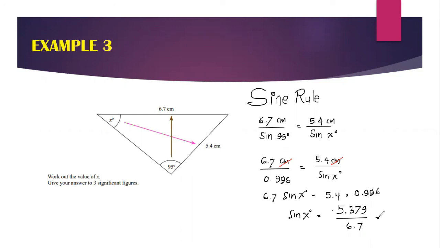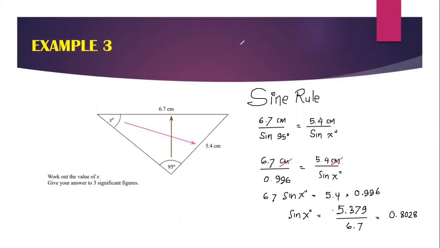Now you have to divide 5.379 divided by 6.7. We got 0.8028, right? But the question is the degrees.